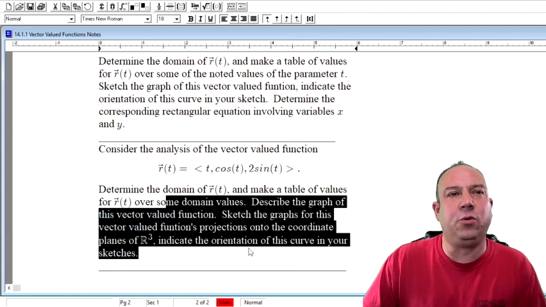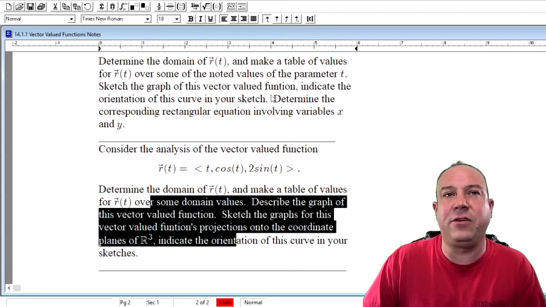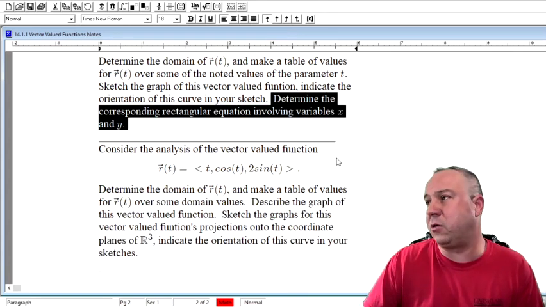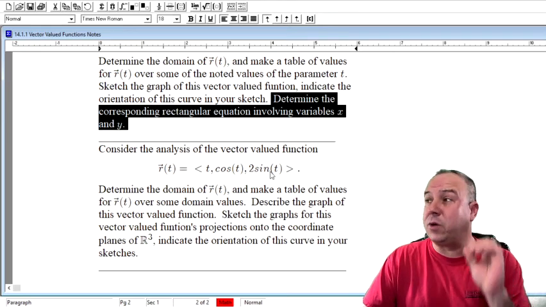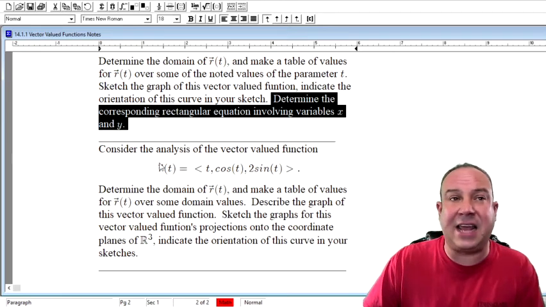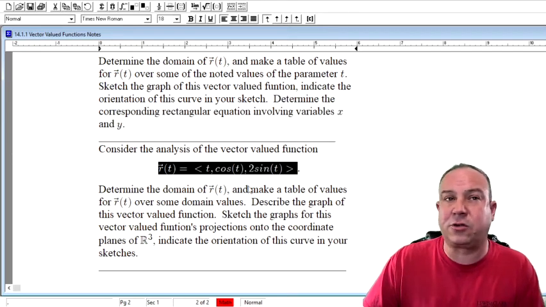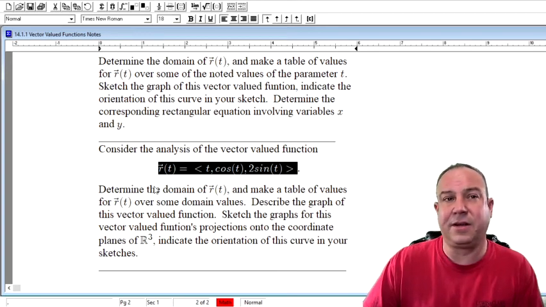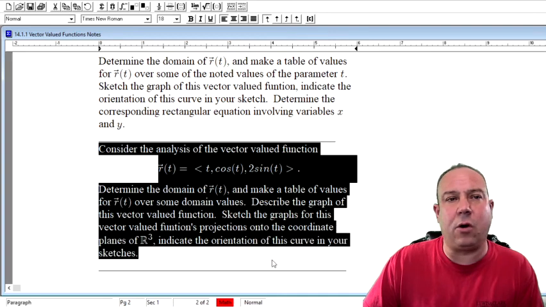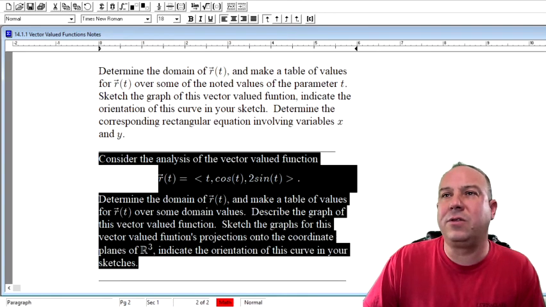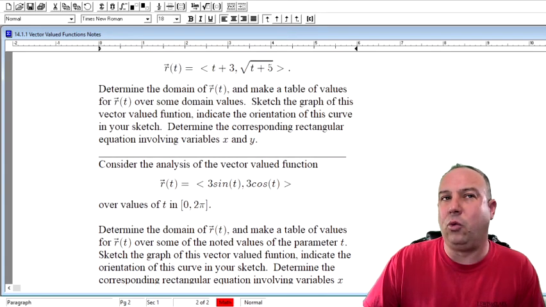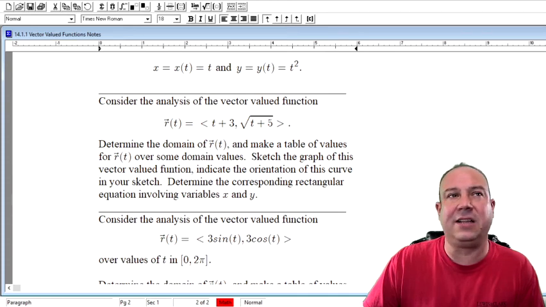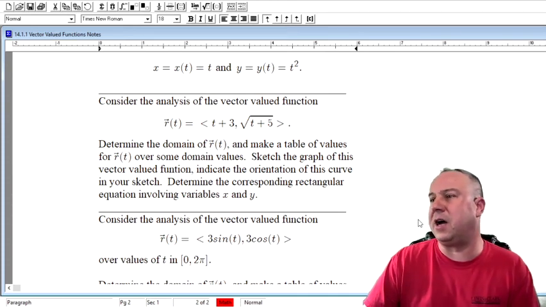Now, what you will notice in this analysis is I don't have you determine the corresponding rectangular equation. Because we are in three-dimensional space, there is not an equational description of what would be this path in space. All right? But I will come back here, hopefully with a quick video, and go through this analysis with you, folks. But I want to give you a little bit of a chance to get a head start on me.